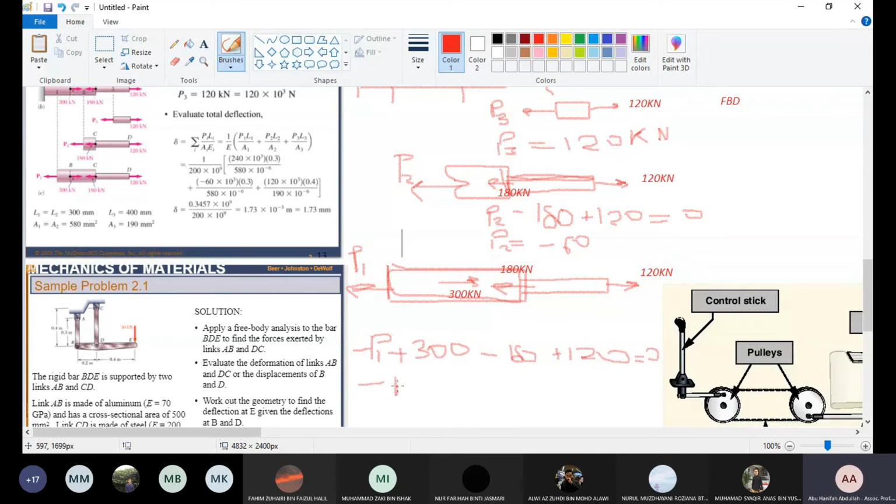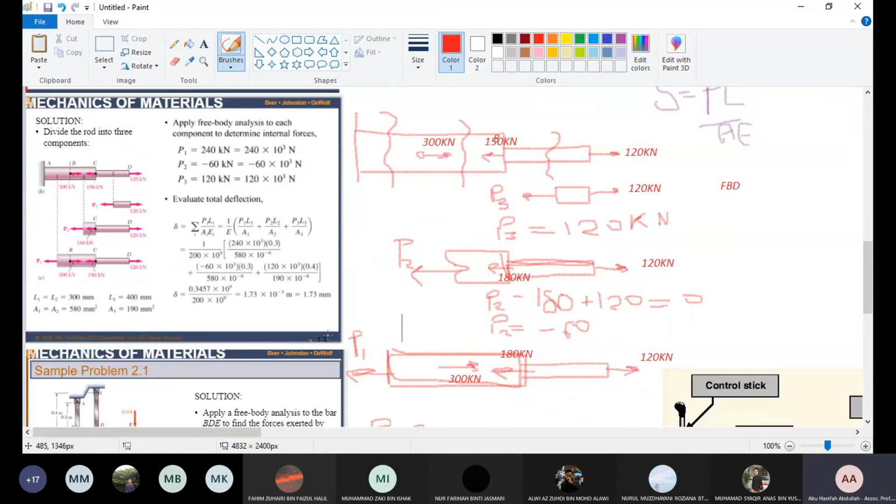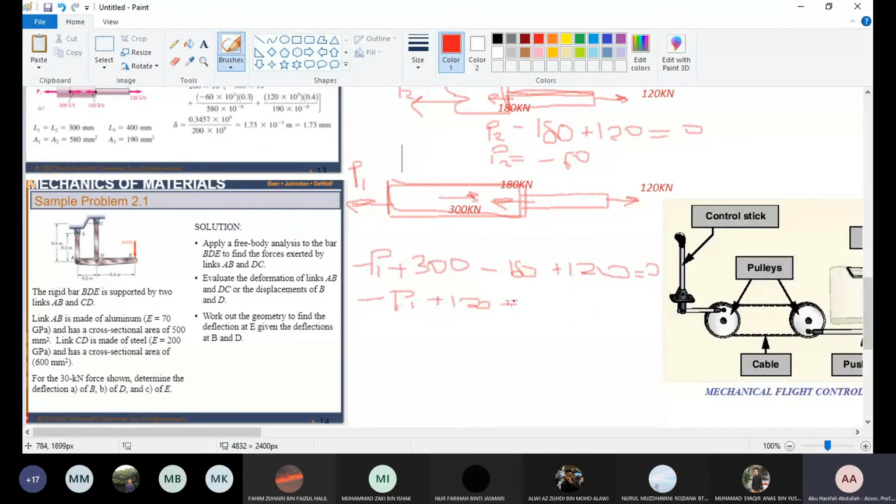So minus P1 plus 120 plus 120 equal to 0.